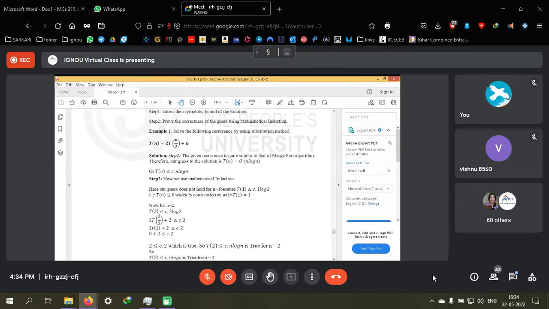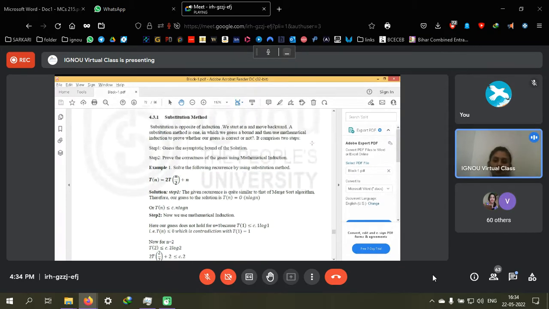I'm explaining it again. In the substitution method, you need to do two steps. The first is to guess the asymptotic bound of the solution, and the second is to prove the correctness of the guess using mathematical induction. So here we solve the recurrence by using the substitution method.